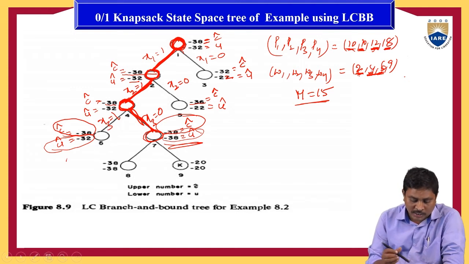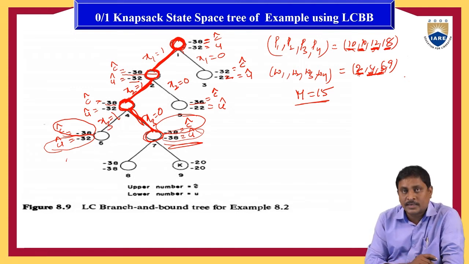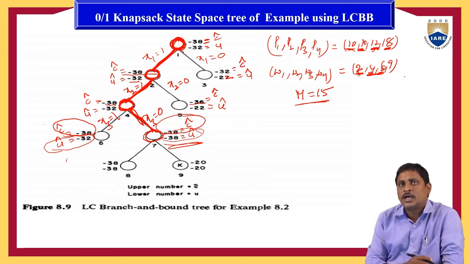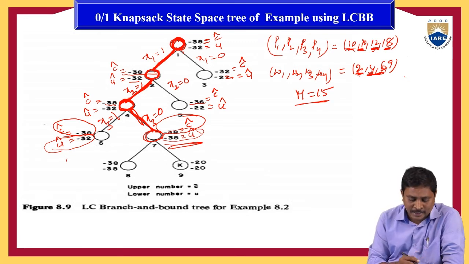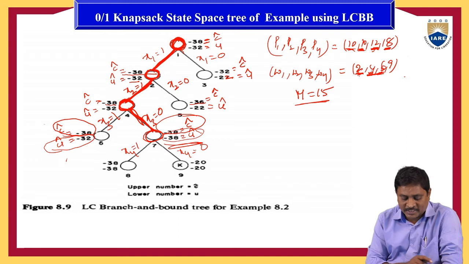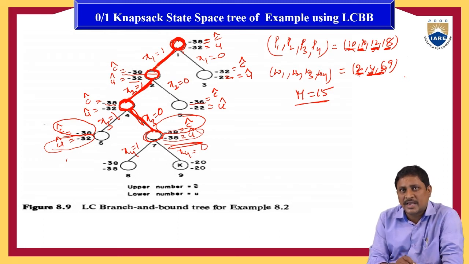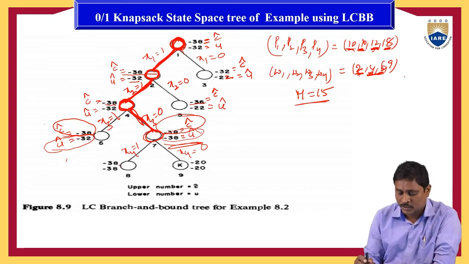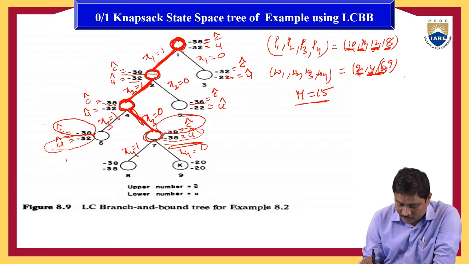Now here we see that the E node is 7. Now we are going to expand this 7. Here also two cases arise: one is x4 equal to 1, another is x4 equal to 0. Now x4 equal to 1 means we consider the fourth value. We already considered x1, x2, and x3 is not considered, so this W3 weight is not considered.